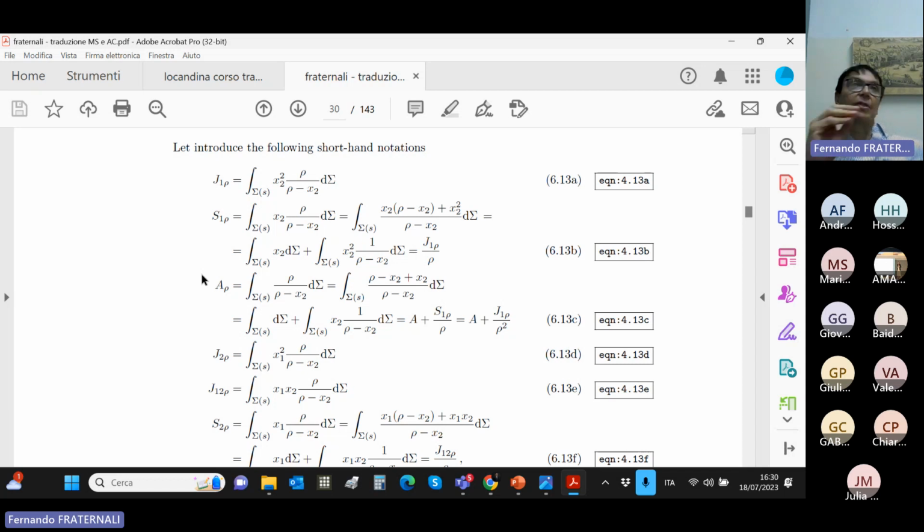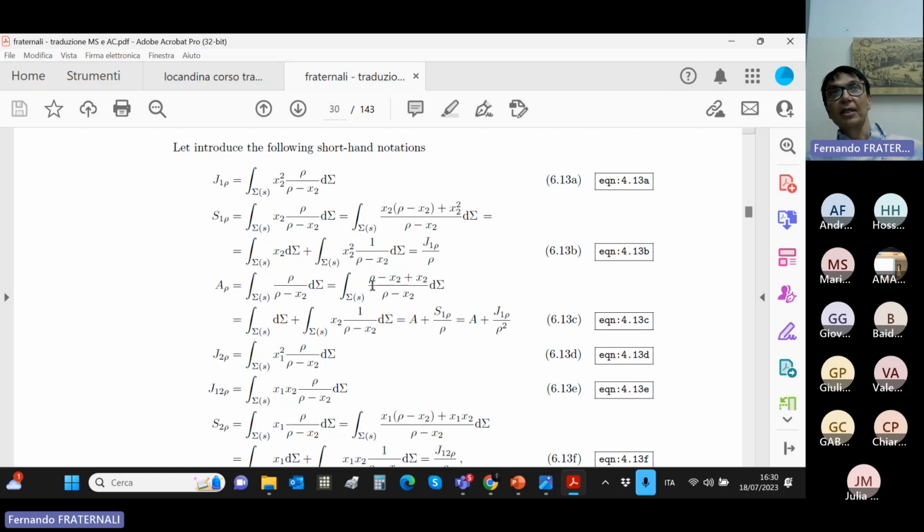In order to get a more clear expression of this quantity, let's start with A rho. It is the reduced area of the cross-section, an area that carries into its expression the curvature of the axis line. We can write the integral of rho divided by rho minus x2 by a trick. We add and subtract x2 at the numerator.